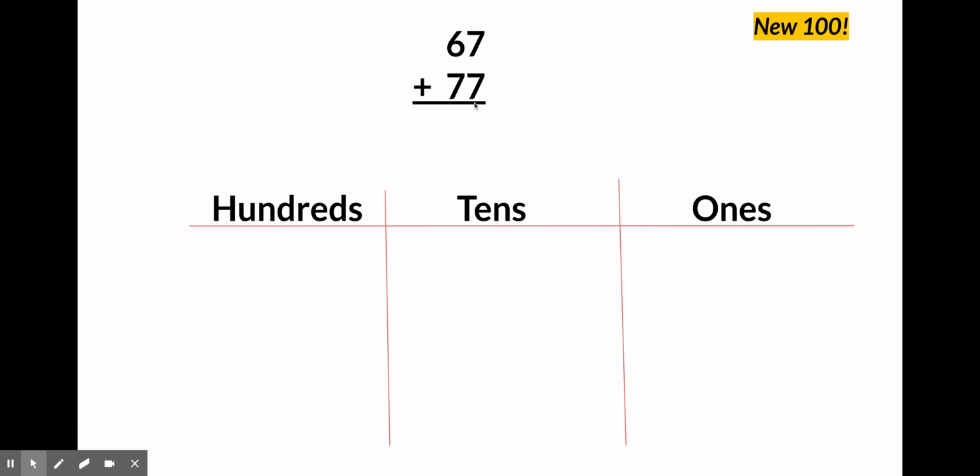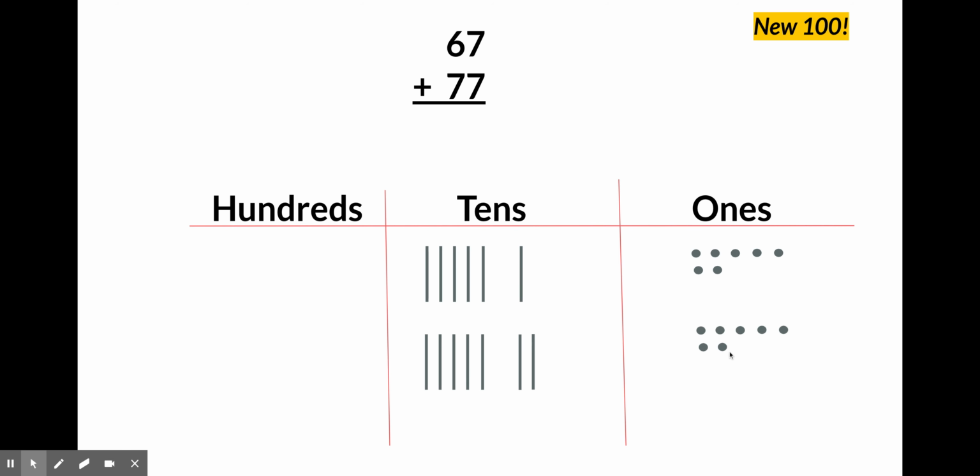67 plus 77. Start out by modeling 6 tens, 7 ones. 60 plus 7. 7 tens plus 7 ones. 70 plus 7. I'm going to start in the ones place. 7 plus 7, I know my doubles, is 14. I can't put 14 in the ones place because the 14 is made up of 4 ones plus a 10.